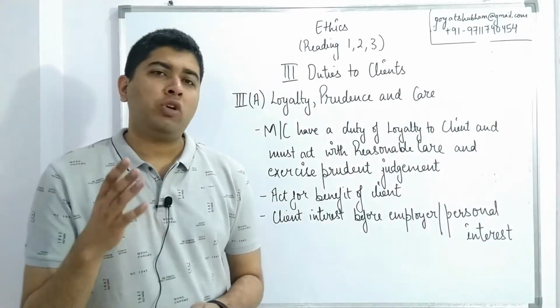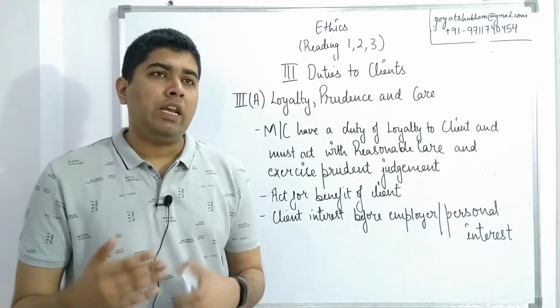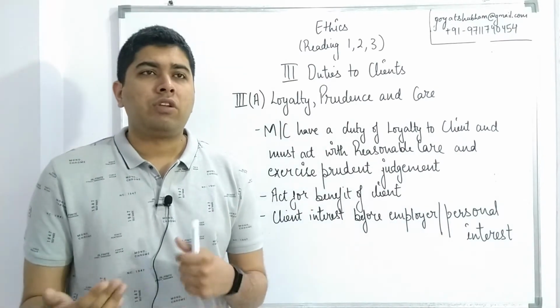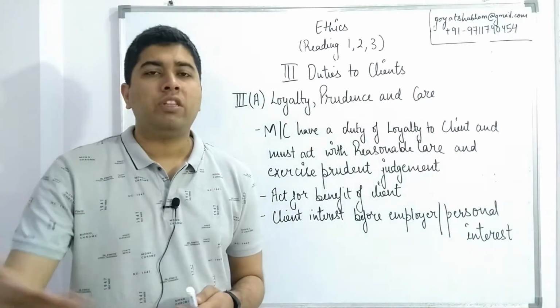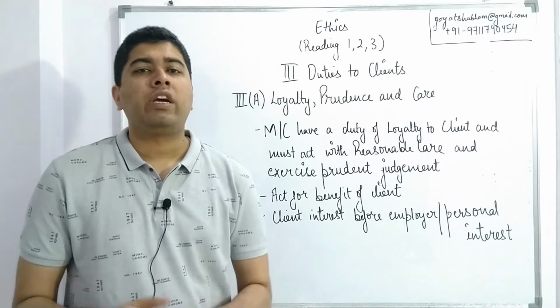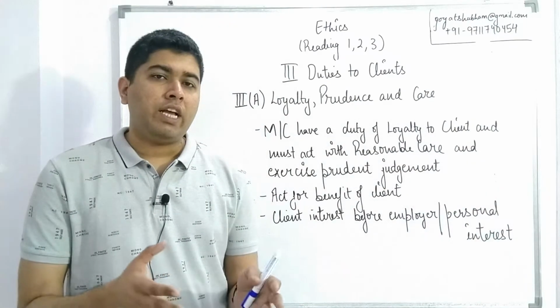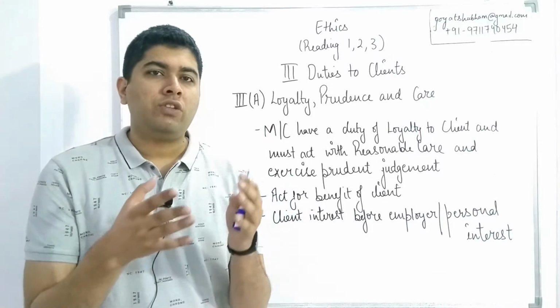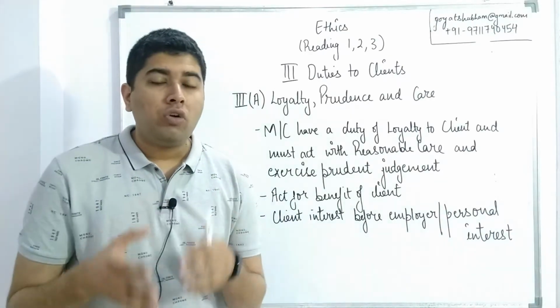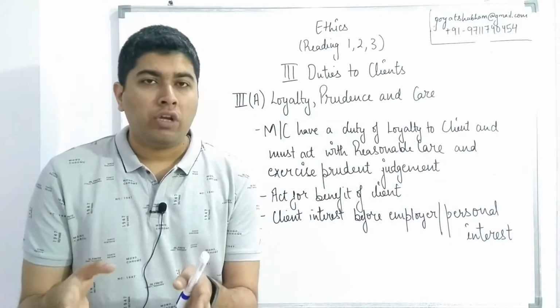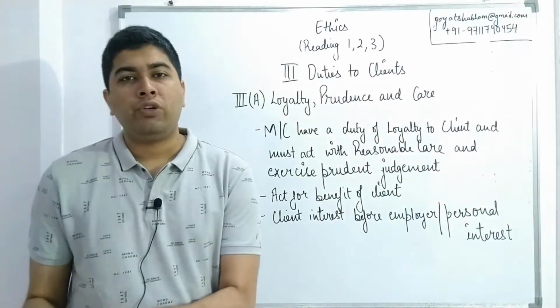Now this is talking about a specific case where, let's say, once you clear some of the exams, you are in the job, you are working out there, you might have a situation where you are supposed to decide whether to take an action which is good for the client, or an action which is good for your employer, or an action which is good for you.